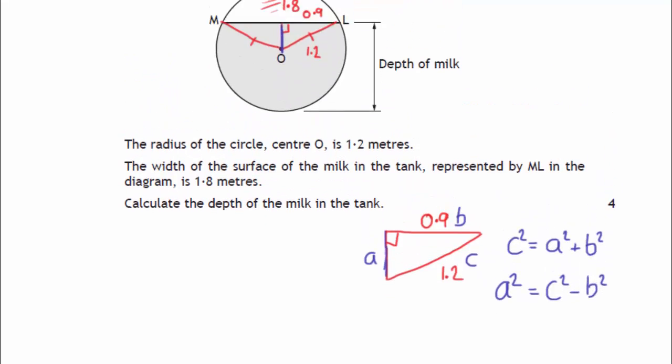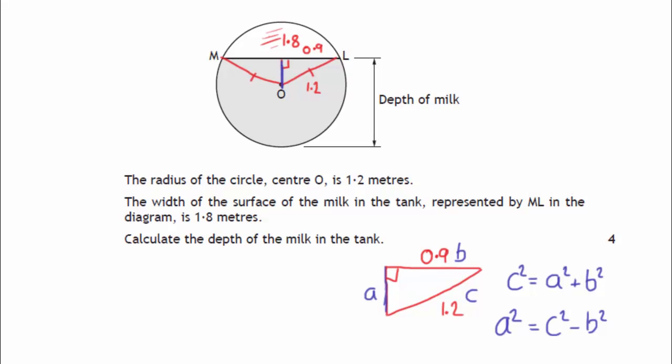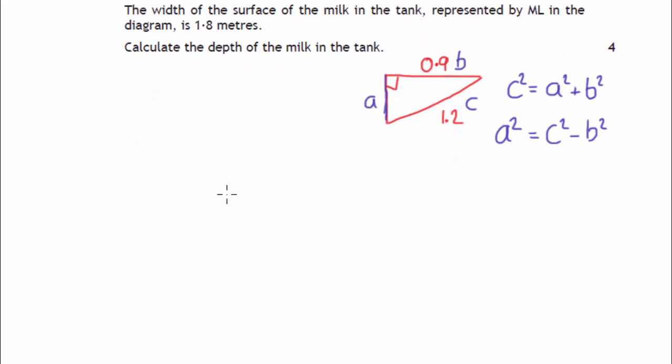Now we can fill in the sizes. A squared equals 1.2 squared minus 0.9 squared, and that equals 0.63.